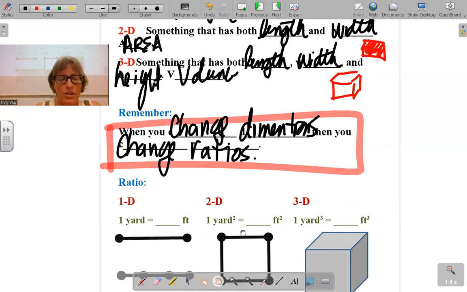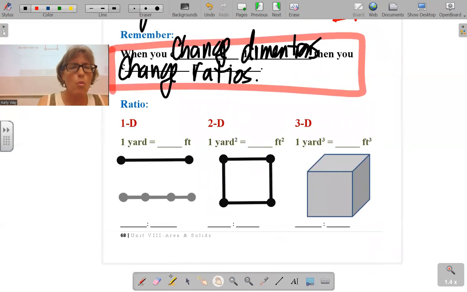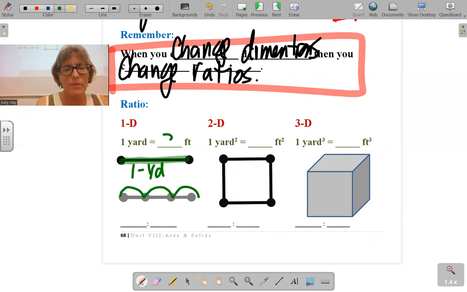Here's one we've been emphasizing the entire year. 1 yard in the first dimension is 3 feet. That's probably what you learned way back in second or third grade. So here's your ratio, 1 yard to 3 feet.